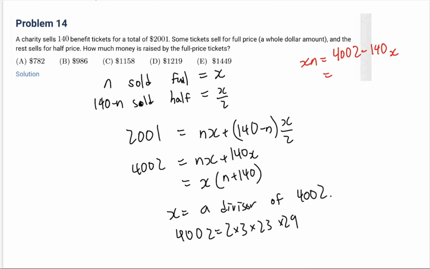And so here N would be 23, and so X would be 34. And so how much money is raised by the full price tickets? This is 23 times 34, which is 782. So it's A.